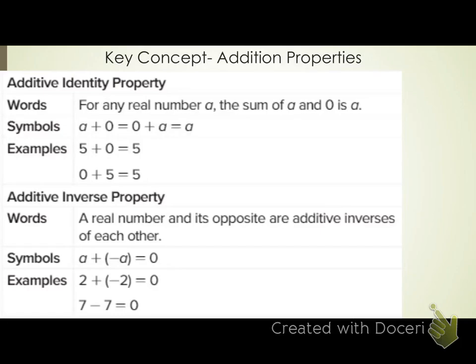Subtraction and adding a negative are the same thing. Okay? So I can have 7 minus 7 equals 0. Those are also additive inverses of each other. 12 and negative 12. Additive inverses. Any number and its opposite are going to add to give you 0. Any questions about that?